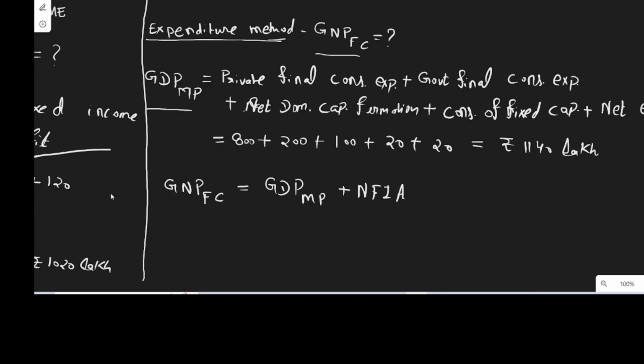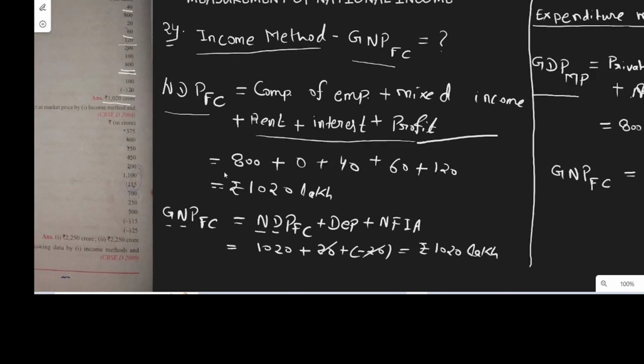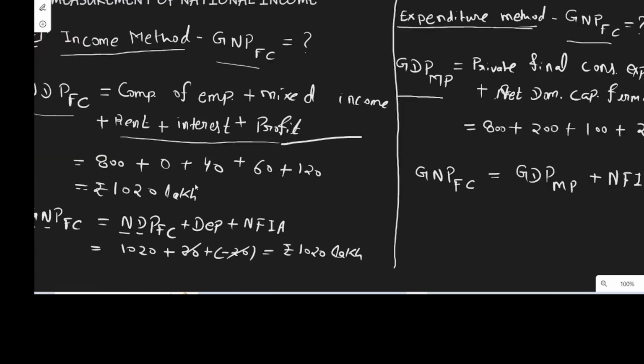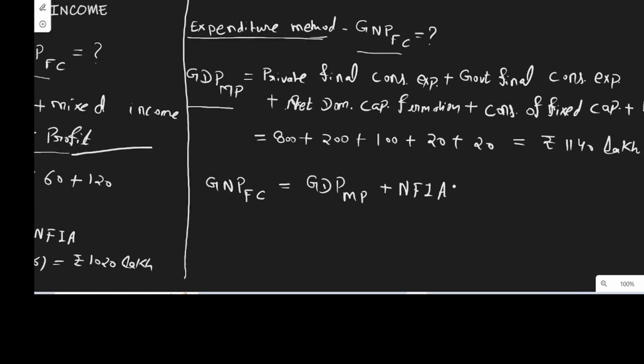But for that, we need to check whether we are given net indirect taxes directly, or indirect taxes and subsidies separately. We are given net indirect taxes directly, so we don't need to write them separately. I'll just subtract net indirect taxes, in short NIT.